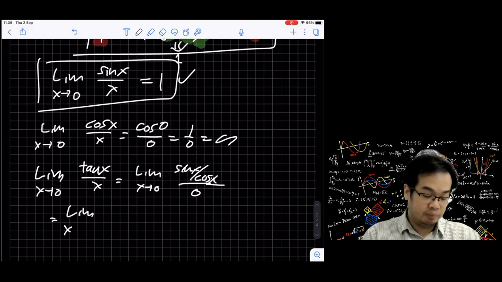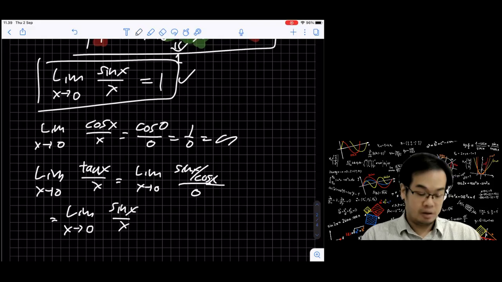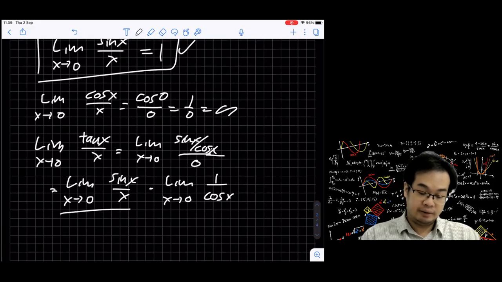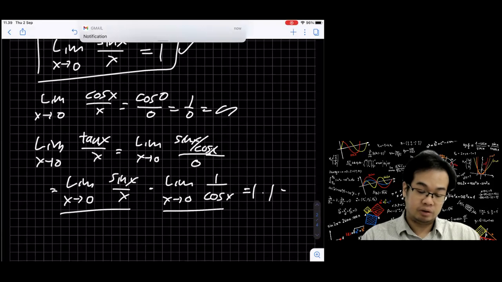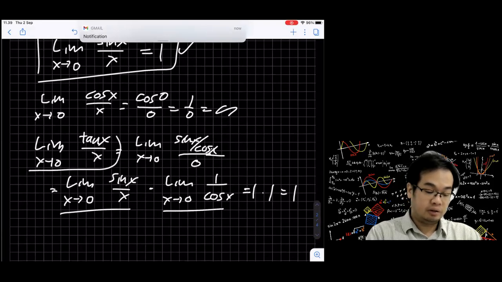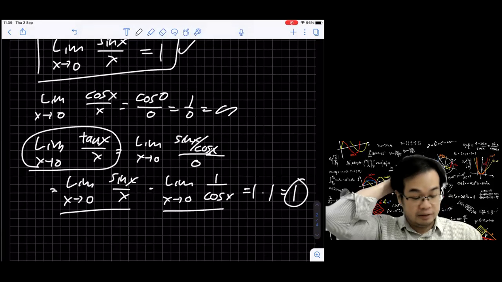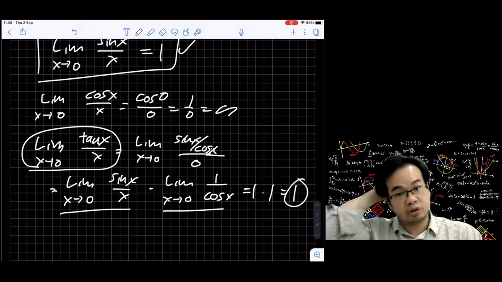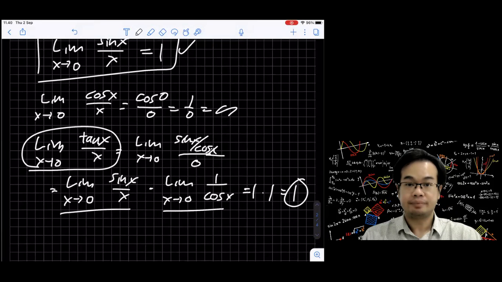So we can separate the limit into the limit of sine x over x, as x approaching 0, multiplied by the limit as x approaching 0 of 1 over cosine x. And of course this will be 1, and this will be 1, because cos 0 is 1, so 1 over 1 is 1. So the limit of tangent x over x as x approaching 0 is also 1.